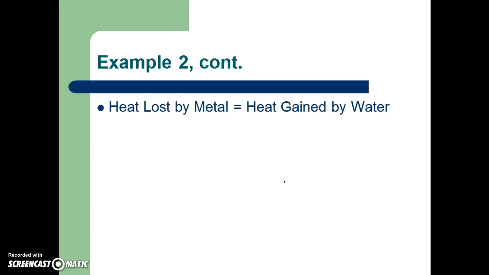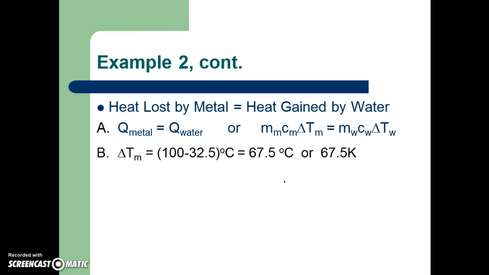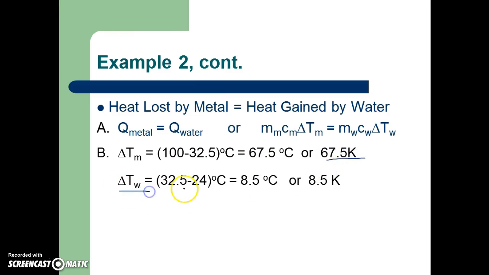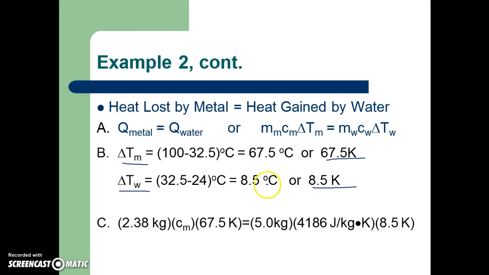All right, so how do we do that? Well, heat lost by the metal is equal to heat gained by the water. So all we have to do is figure out the Q of the water, and that tells us the Q of the metal. Our change in temperature for the metal would be equal to 67.5 K. Our change in temperature of the water is 8.5 K. So this is the metal, this is the water.